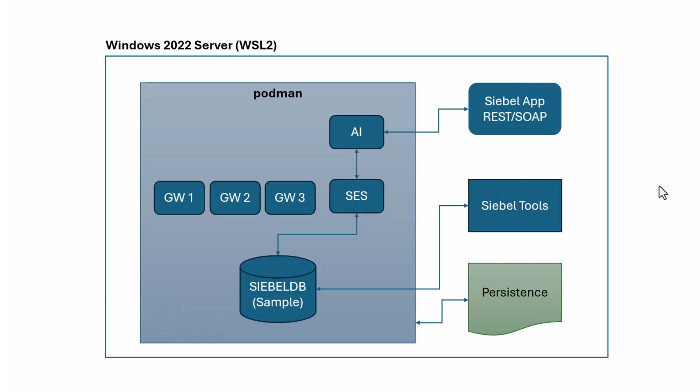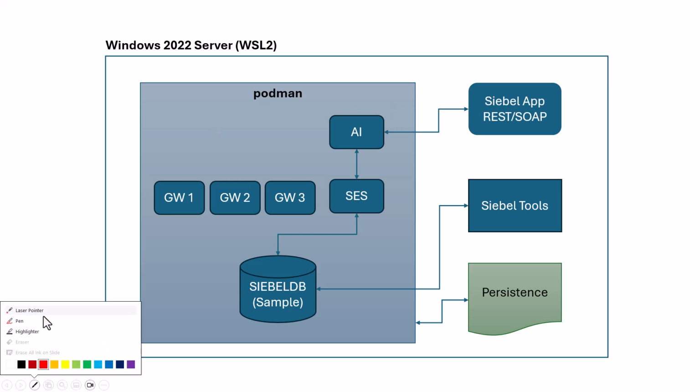In the course of this video and the following videos in this playlist, we are going to provision a Windows 2022 server, which we already have, but we are going to provision the Windows Subsystem for Linux version 2. And within that, we are going to install Podman for Windows, and we are going to use the Oracle-provided containers for Siebel CRM, so not the regular installers.